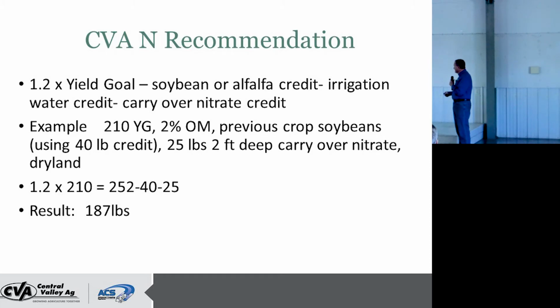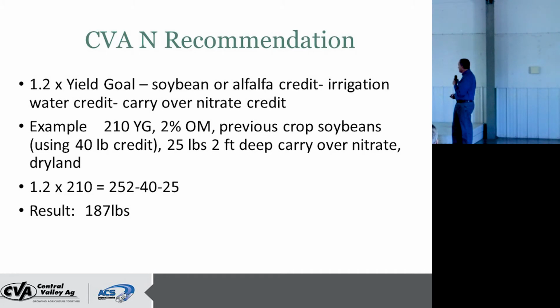So my timing factor was just a break even. If you were doing fall application, I think that's a 1.1. If you're doing a split, I think that can go down to a 0.9. They give a little higher credit for the soybeans. So everything that's red here is different than the cooperative's rec, but it's still a reasonable rec.